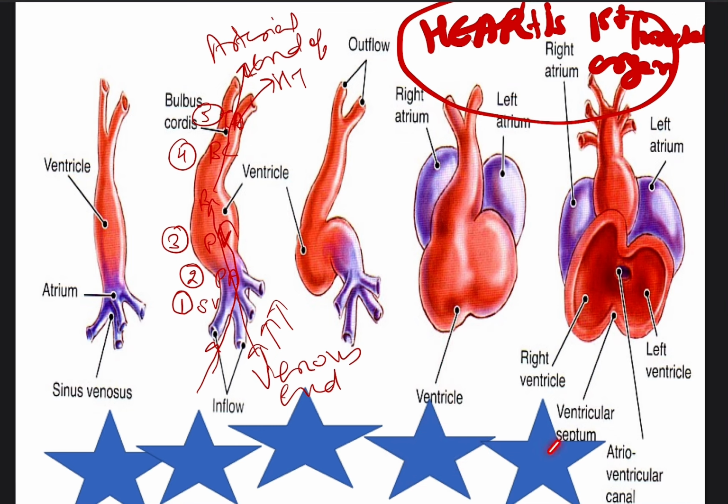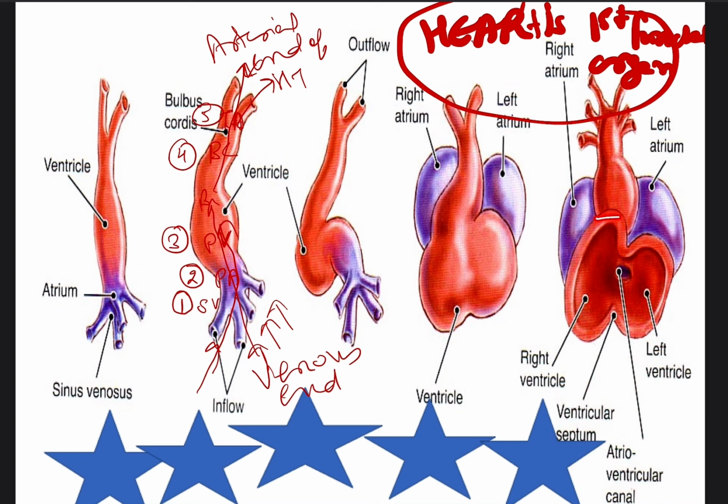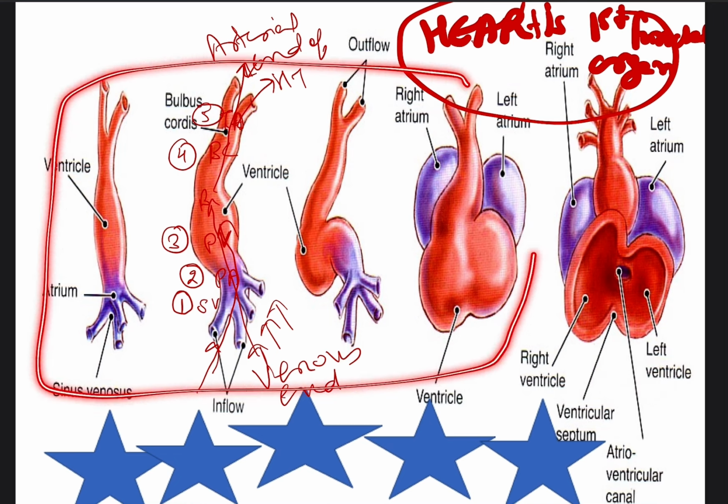And further, in the 5th week to 7th week, atrial septum development and ventricular septum development and spiral septum development. Three septa I have told: atrial, ventricular, and in this tube the spiral septum develops. This is spiral shaped septum. I will explain it later. It forms in 4th to 7th week. Up to 4th week, this four chambered heart structure is formed.